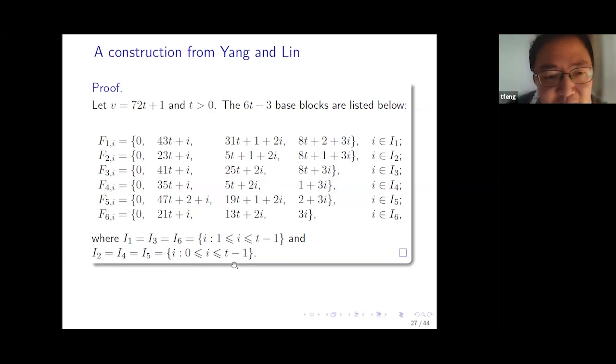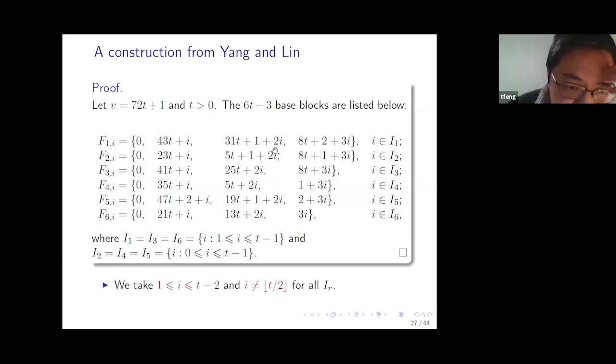So we know that if I1, I3, I6 equal I2, I4, I5, I mean, all the i come from 0 to t minus 1, then we can have 6 times t base blocks. But here, if this one is 0, then when we check the differences, there will be some error appearing. So that's why they can only construct 6 times t minus 3 base blocks.